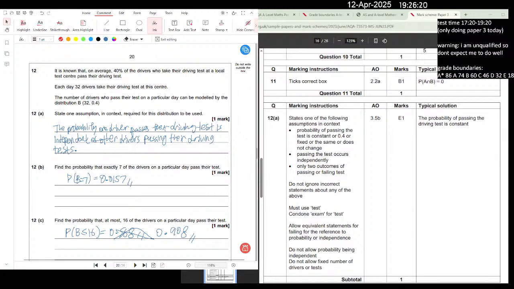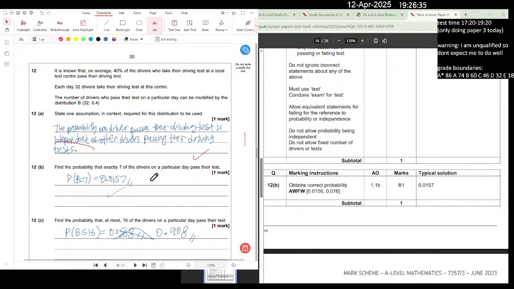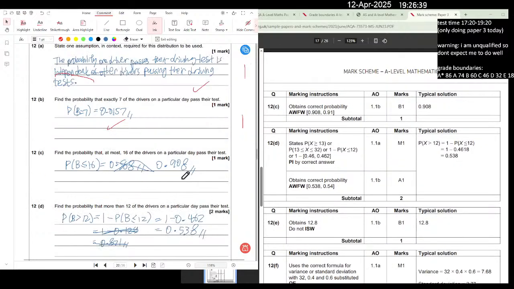Probability. Wow, that's a lot. I think I wrote passing the test occurs independently. So yeah, this should be okay. Now okay, 0.0157, 0.908, 0.538.